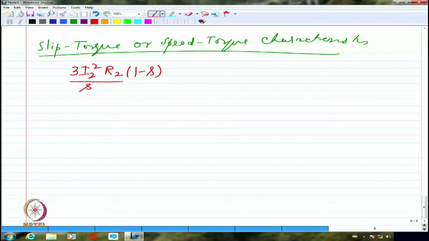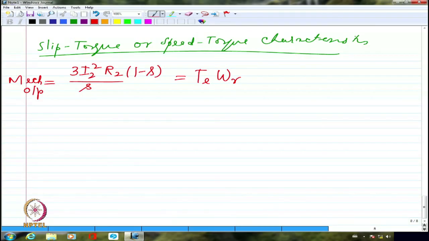So this is going to be the mechanical output, and that has to be equal to TE multiplied by omega R. That is the torque generated multiplied by the speed of the induction motor.